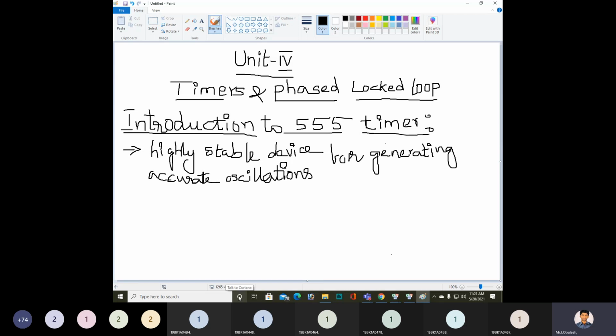Second point, this IC 555 timer is available in two packages.